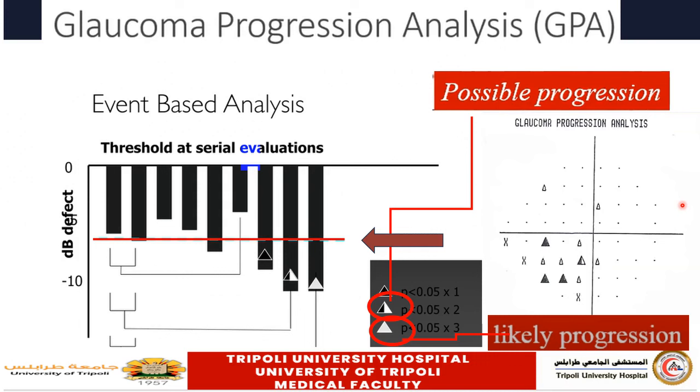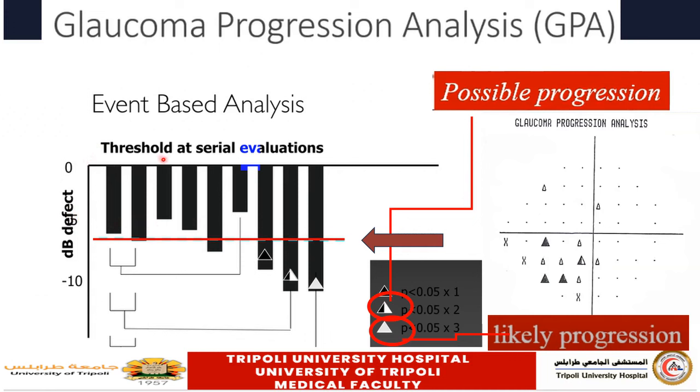So in the event analysis, we analyze the retinal sensitivity point by point, and we establish a baseline average for the first two visits of the patient based on the pattern deviation probability plot. The first two consecutive visits are regarded as an average, and we draw a line, and this is done for each and every point in the retina.